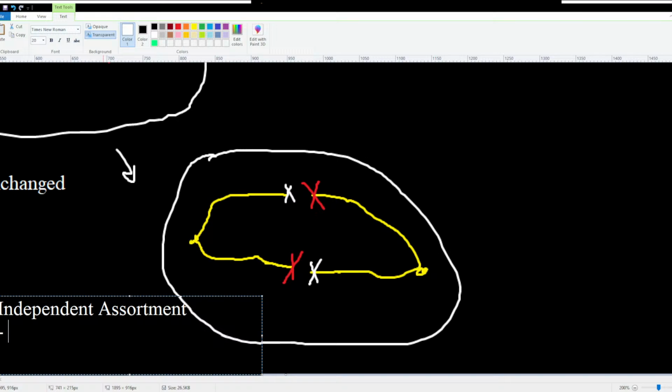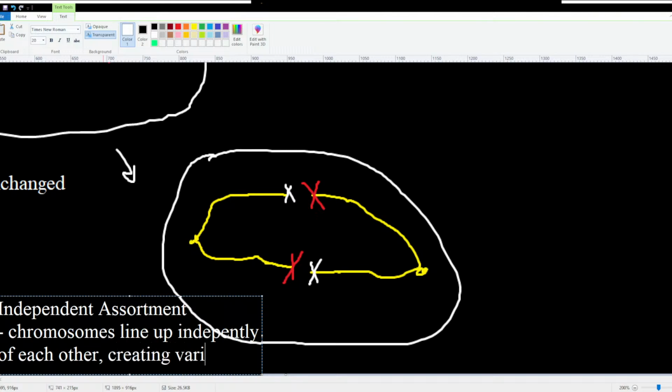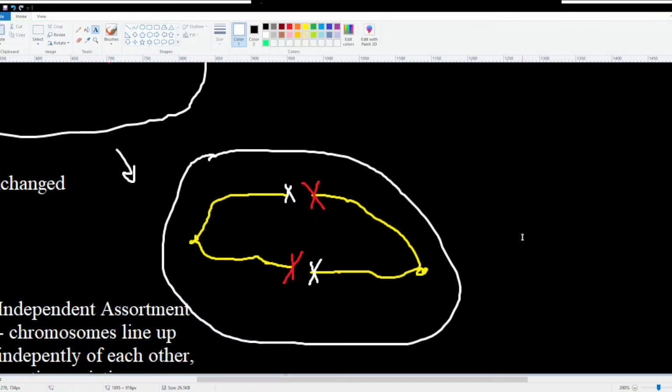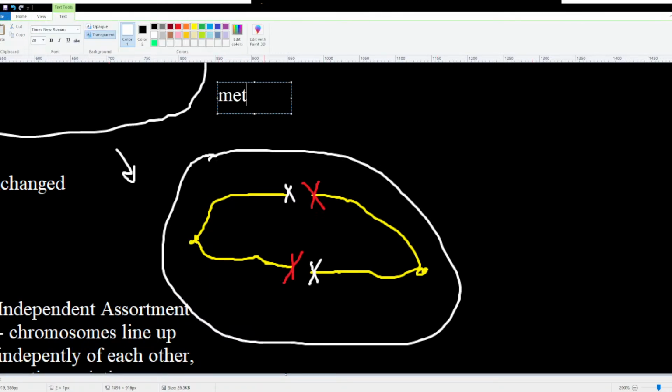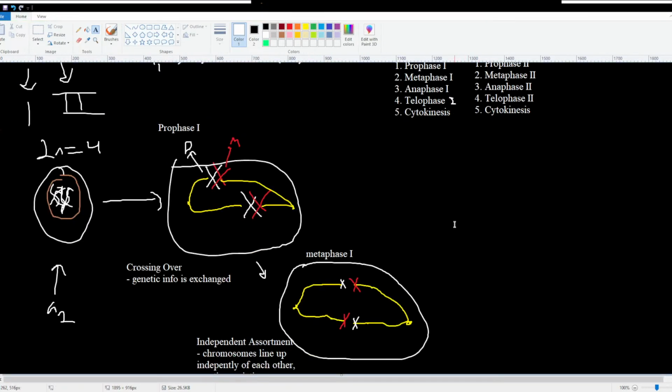What is that? Chromosomes line up independently of each other, creating variation. Also, this is metaphase 1. That's something really important to note, is that independent assortment.